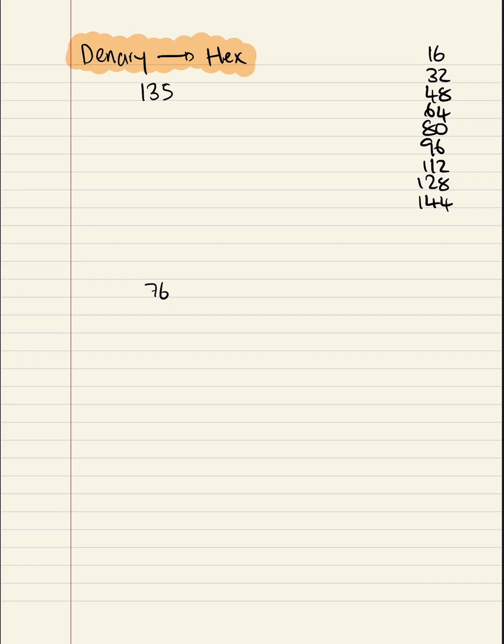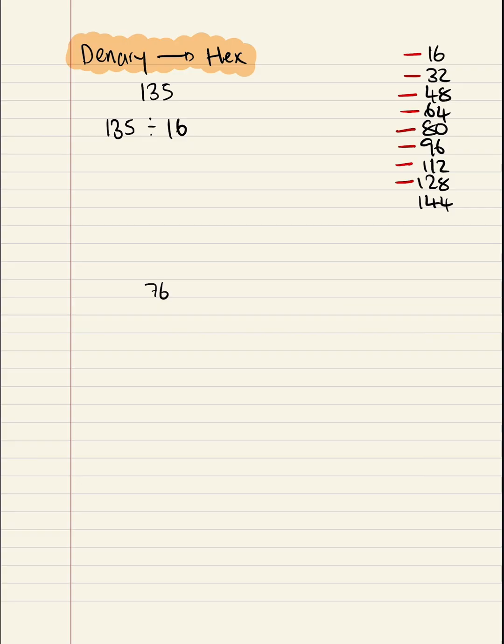So we've got 135, which is a denary number. Essentially, you're just going to be dividing it by 16, and you're going to be writing your answer with the remainder. So if we divide it by 16, it will be 1, 2, 3, 4, 5, 6, 7, 8.